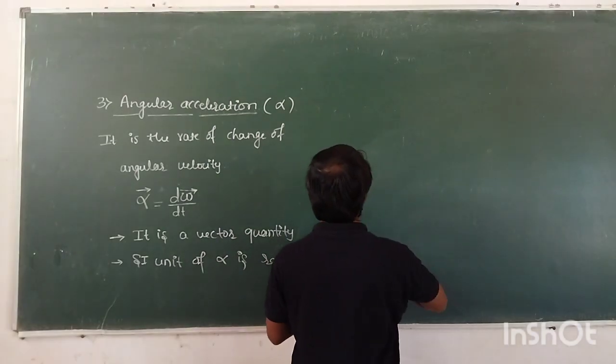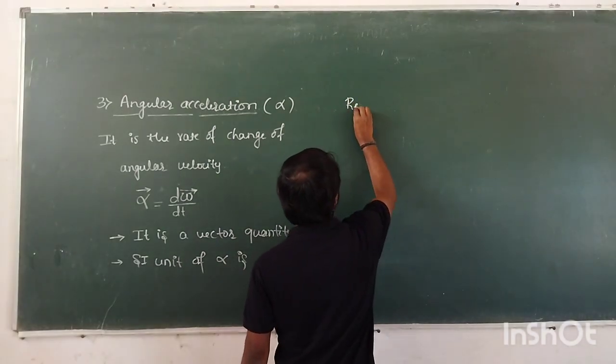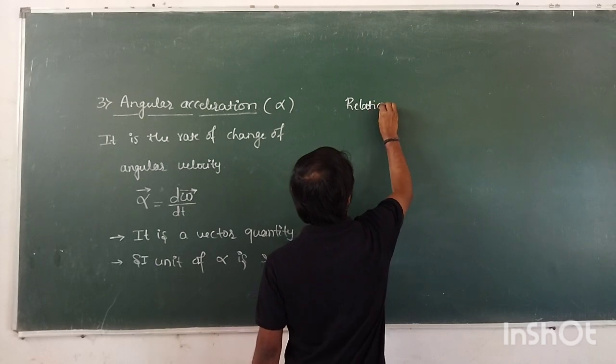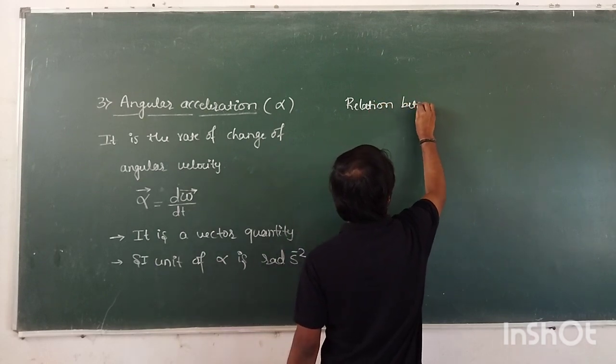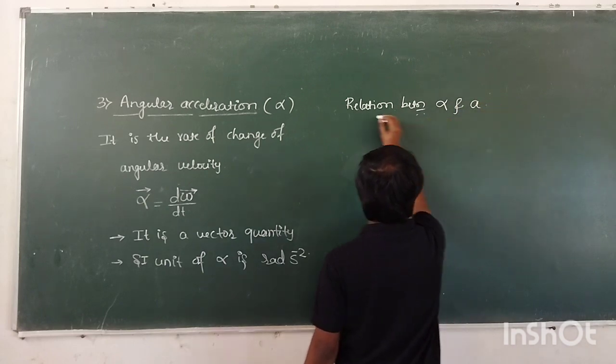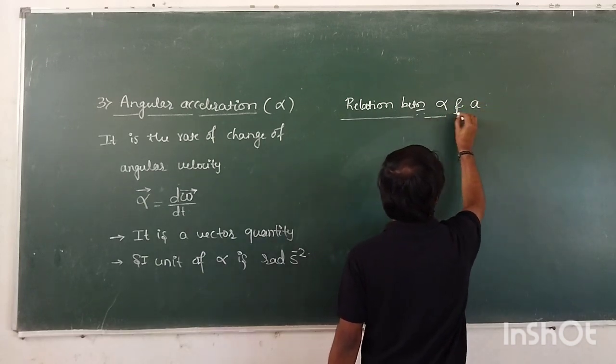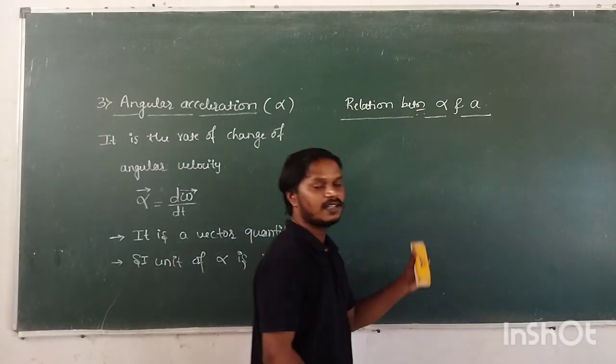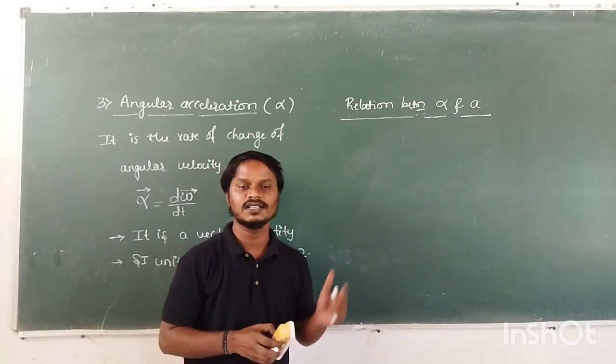Next one, relation between angular acceleration and linear acceleration. Angular acceleration is represented by alpha and linear acceleration by a.